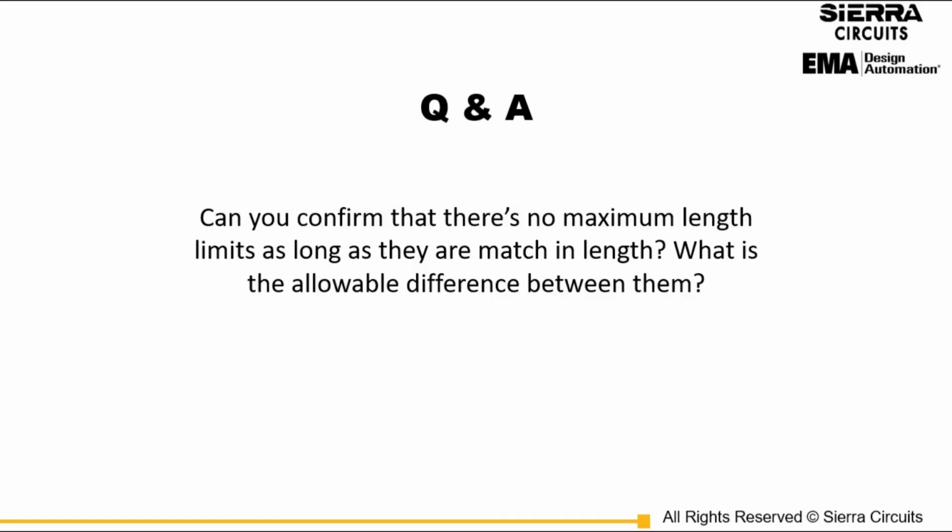Can you confirm that there are no maximum length limits as long as they are matched in length? What is the allowable difference between them? Well, that's kind of a tough one to answer. There are maximum lengths. There are limits to the signal. So the goal is to keep them as short as possible, not looking for max length. And again, your board might not be just within its own environment.